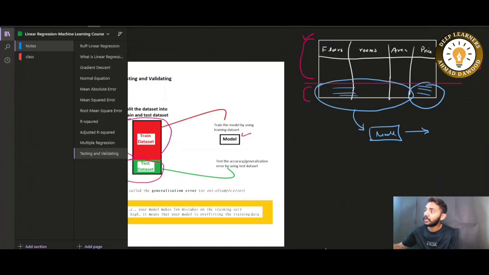Then we will compare our model predictions with our true values, to see how good our model is. Usually we do this in this way.